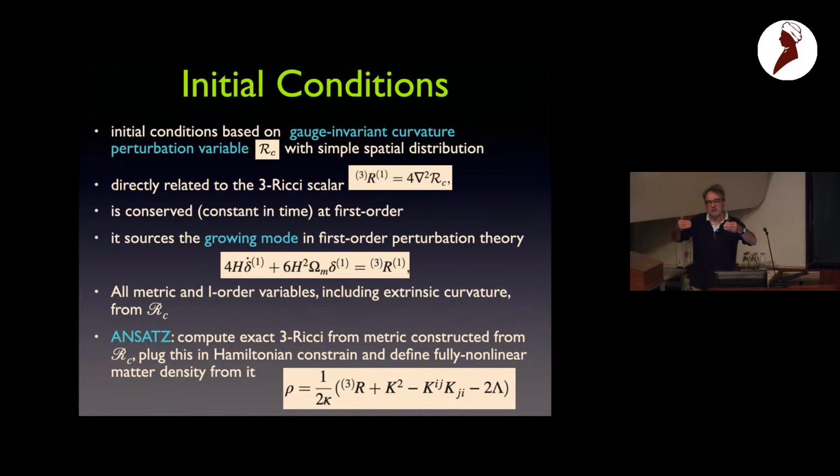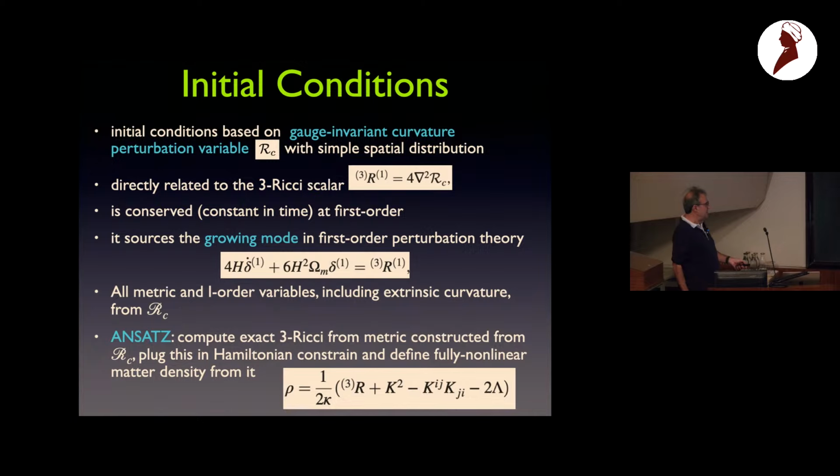But now we want to do a numerical simulation. So we take that metric as our initial metric, and the code doesn't know that it's first order, okay? You just have a metric and an extrinsic curvature corresponding to that, but then you can compute, in full nonlinearity, the three-Ricci scalar, and you plug the full three-Ricci scalar into the Hamiltonian constraint.